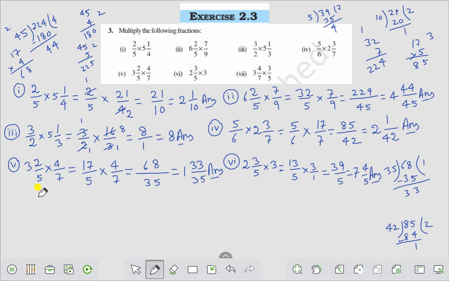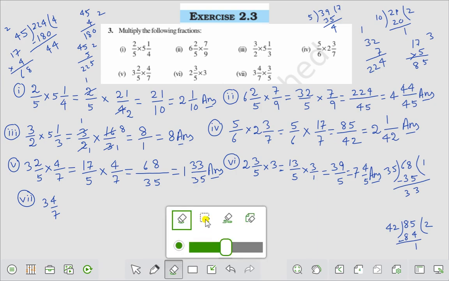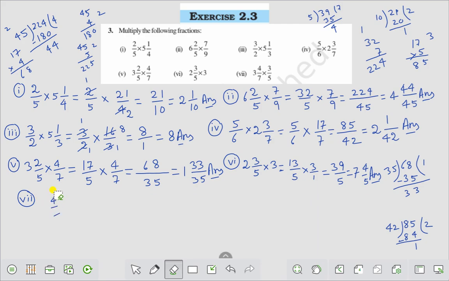Now, question number 7. Question number 7 is 3 whole 4 by 7. There is the 3 whole actually. Let us erase this one. This is not 34.